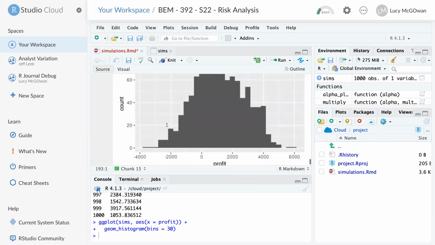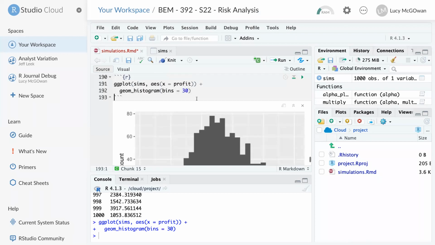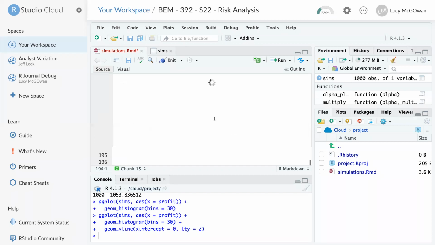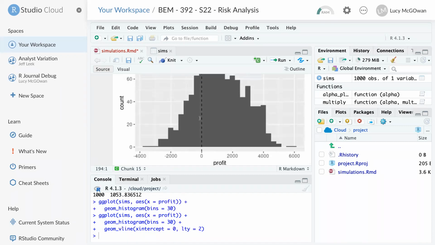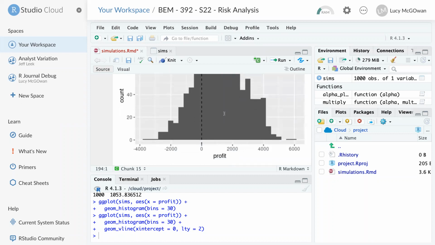We can take a look at it. So this shows the distribution of the potential profit under these new parameters. I can draw a little vertical line here using geom vline at 0 to show the range where we would have no profit or even lose a little bit of money.